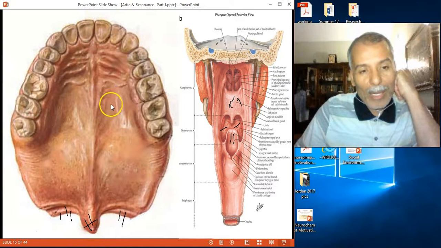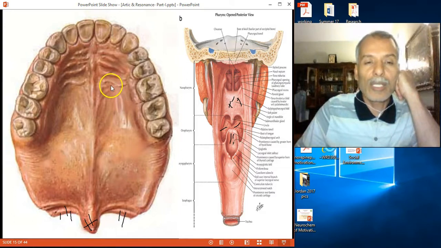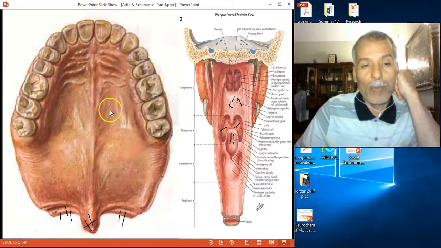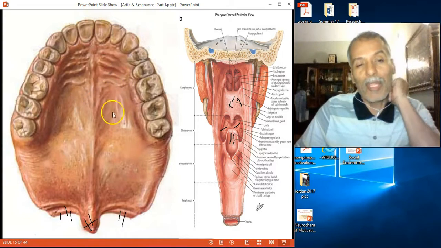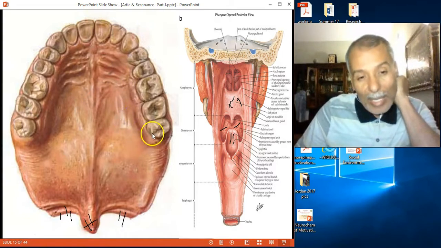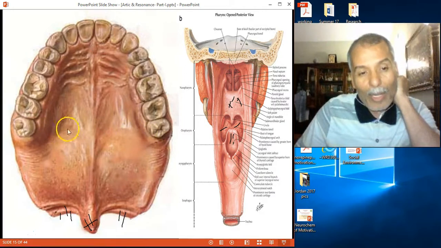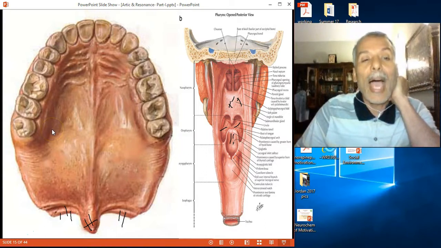Then as you go back, you have the palatine process of the maxilla, left and right. Beneath this is bone, and it's covered with epithelium. Then you can see across from the last tooth, and you can go this way to the other tooth. That marks the end of the hard palate, the end of the hard bone.